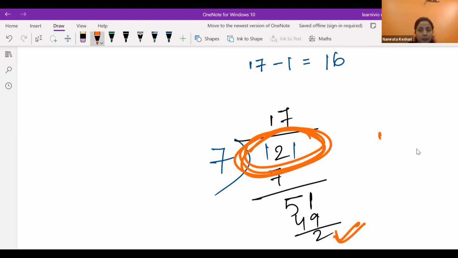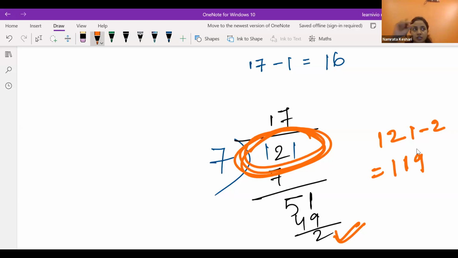If we subtract that 2, we will get 119, right? Please check whether 119 is completely divisible by 7 or not. Yes, it is, right?